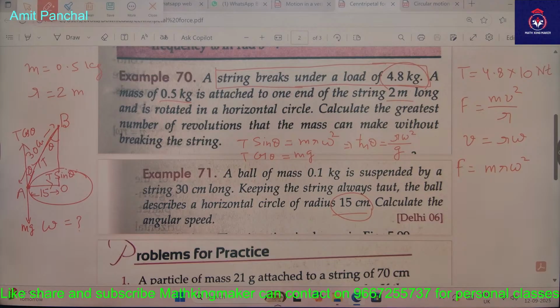But we need tan, so first we'll use Pythagoras theorem: 30 square minus 15 square, 900 minus 225.